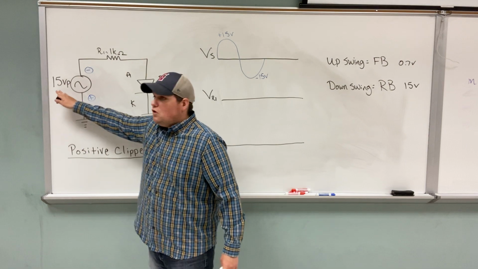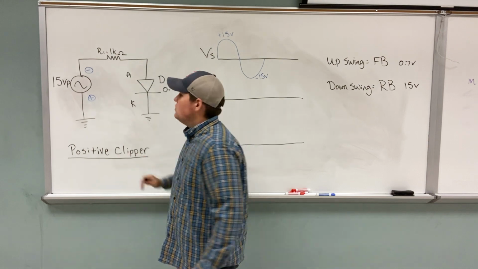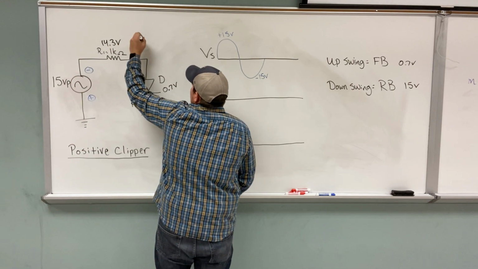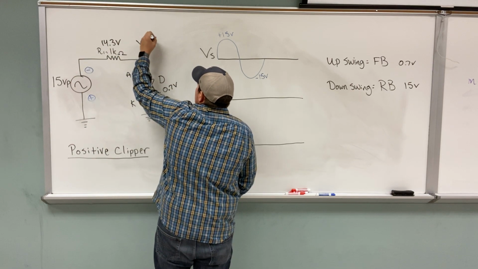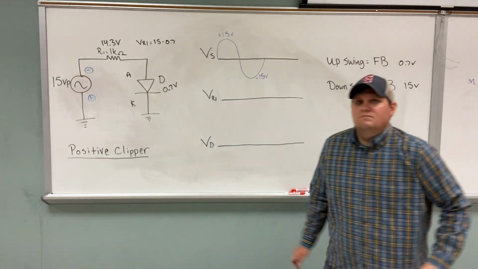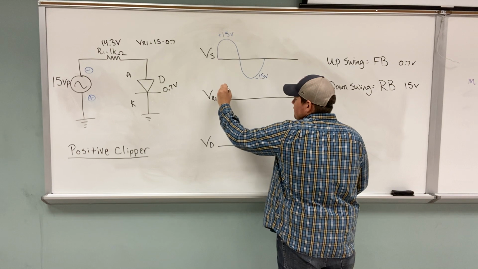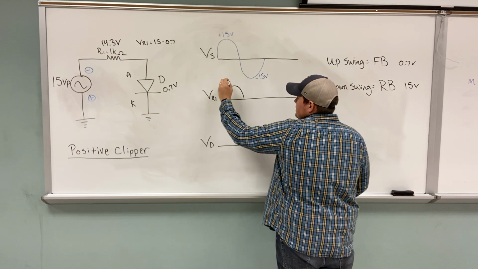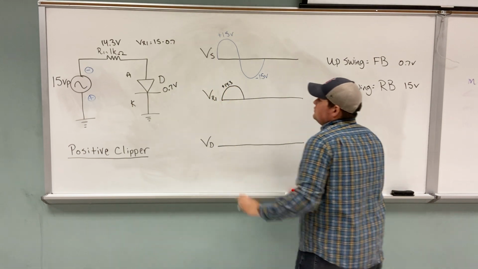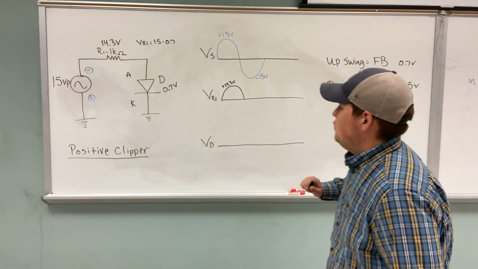If I have 15 volts total and 0.7 volts is here, what is here? 14.3, because VR1 is equal to 15 minus 0.7. So on the upswing, I'm going to label this positive 14.3 volts. Very important, always label your voltages on your waveforms.